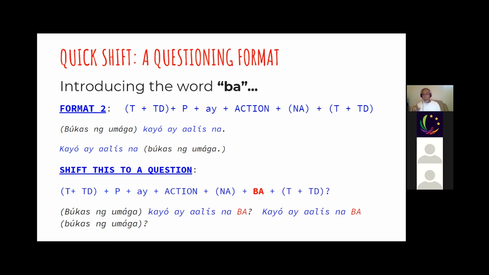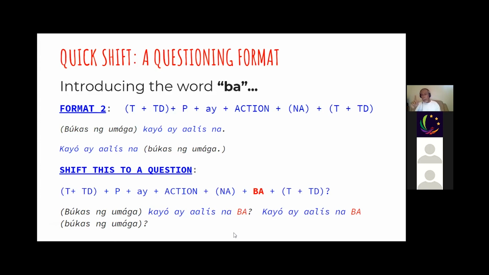And when it becomes a question, kayo ay aalis na ba? You put again the ba at the end. And then, of course, the time of day can always be in front or at the back. Bukas ng umaga, kayo ay aalis na ba? Or you can put it at the back. Kayo ay aalis na ba bukas ng umaga?